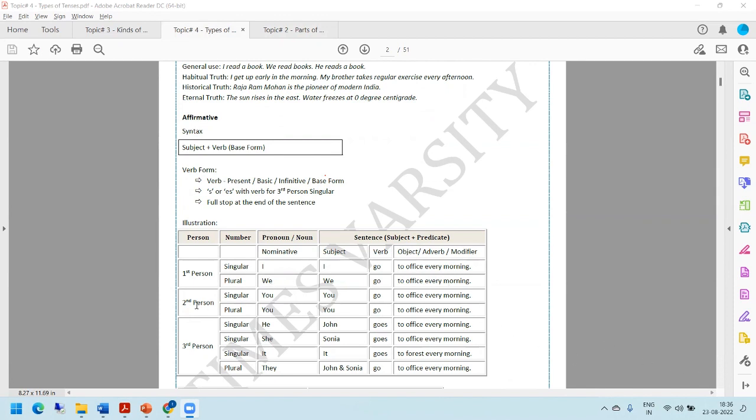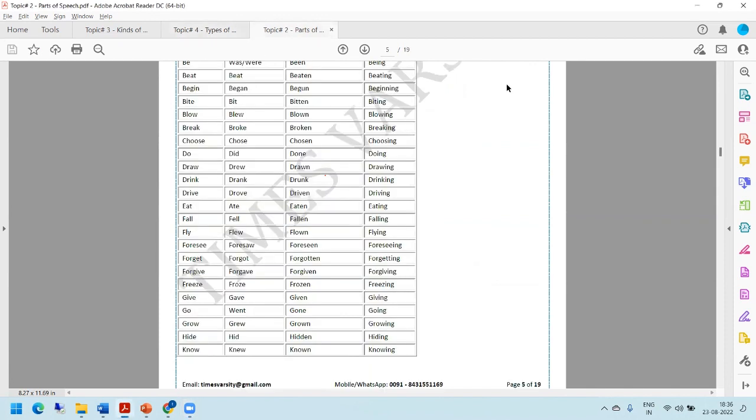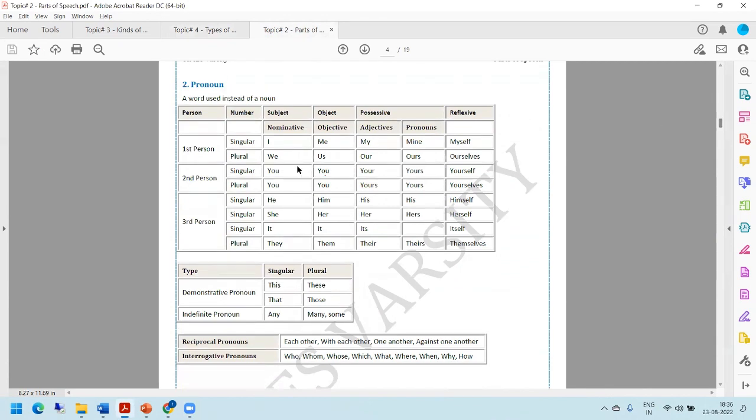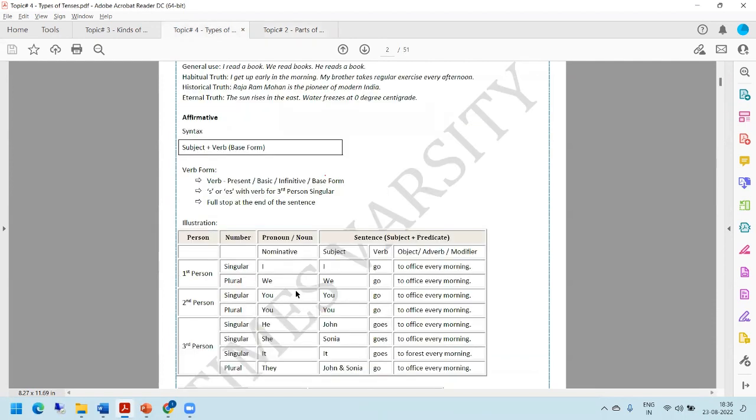In pronouns, we discussed first person singular and plural, second person singular and plural, third person singular and plural, as we discussed yesterday and the day before. The same thing we are using here.